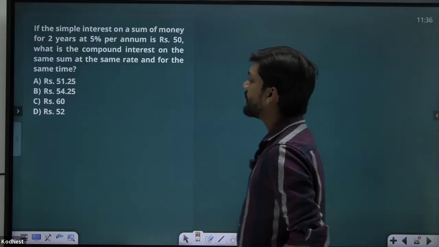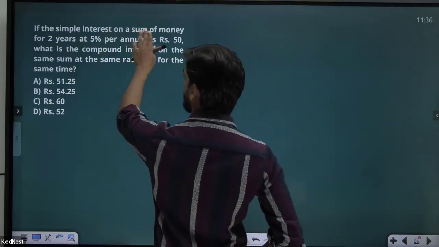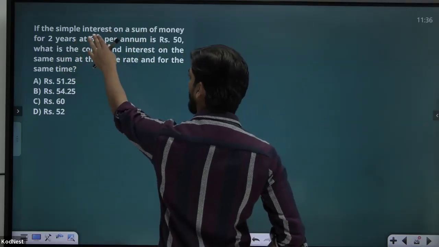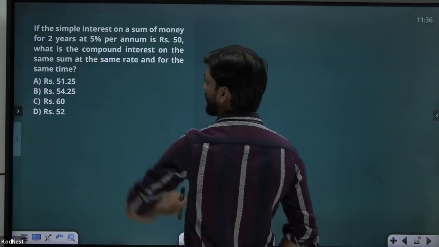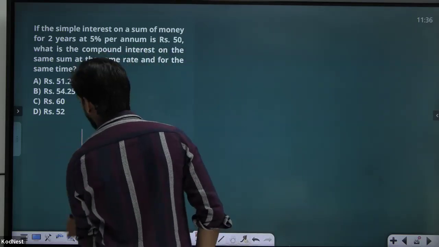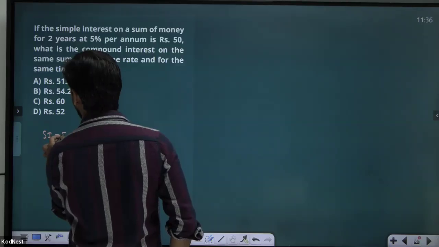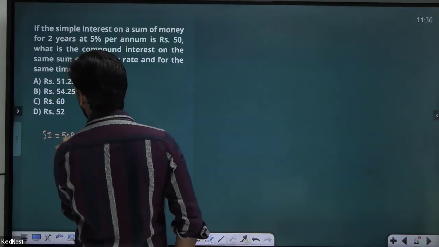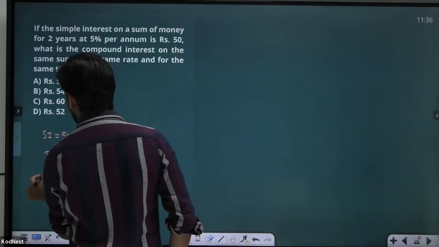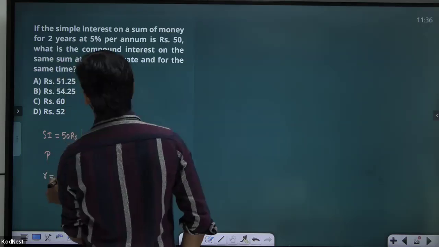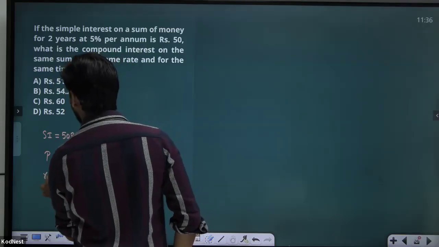So carefully observe. If the simple interest on a certain sum of money for 2 years at 5% per annum is 50 rupees. So simple interest is given as 50 rupees. Principal is unknown. Rate of interest is 5%.